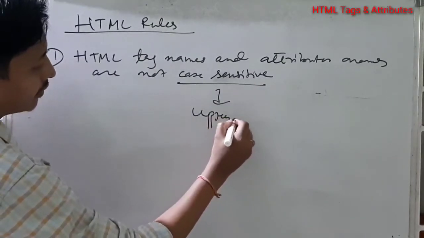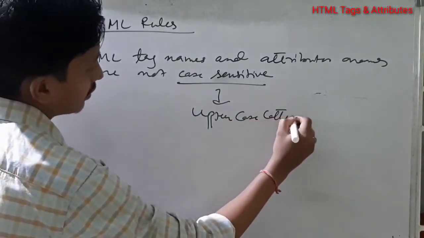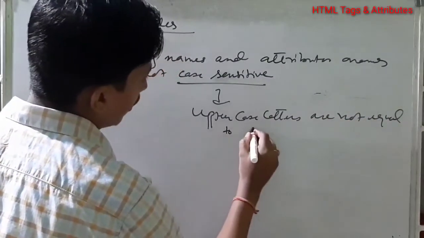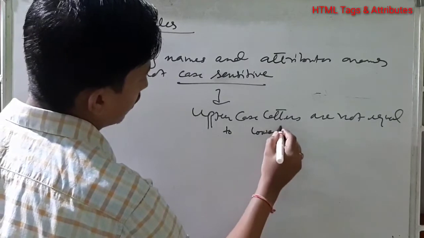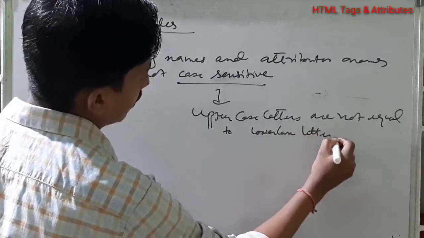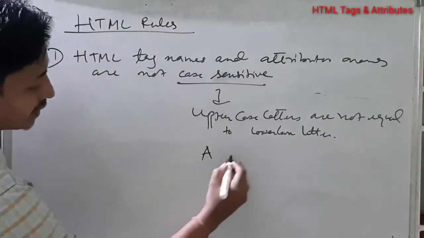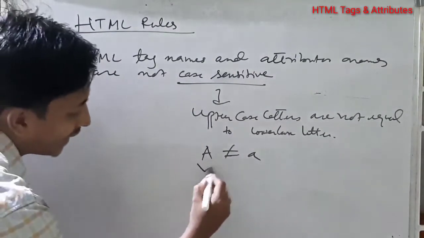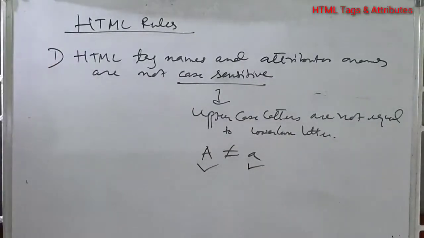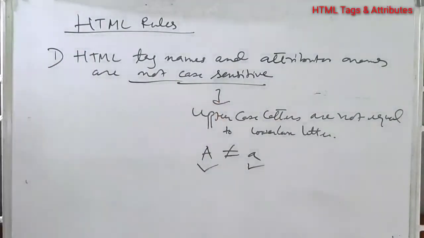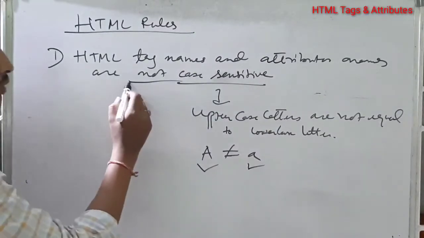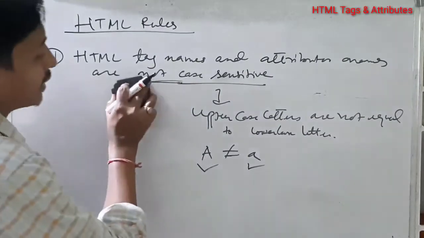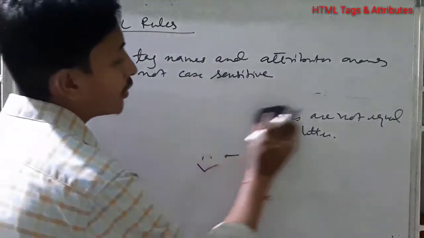Uppercase letters are not equal to lowercase letters. If capital A is here, then it is not equal to small a. Capital A is different, small a is different. But here they are not case sensitive. You can give capital letter or small letter. It has no effect on the programming language.